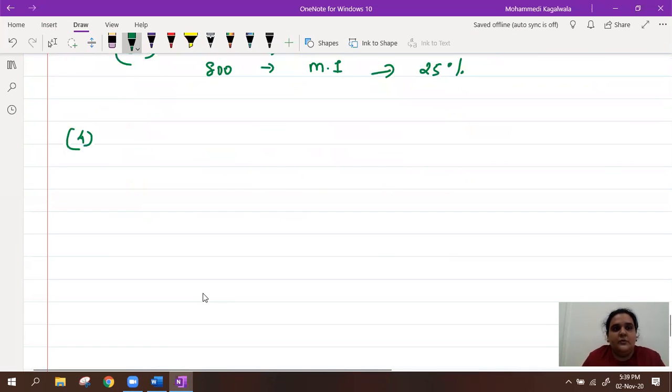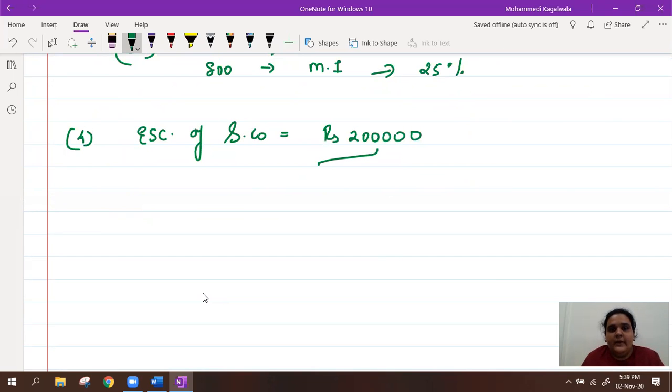Equity share capital of subsidiary company is equal to rupees 2 lakhs. Divide this between holding company and minority interest. 75% means 1,50,000.